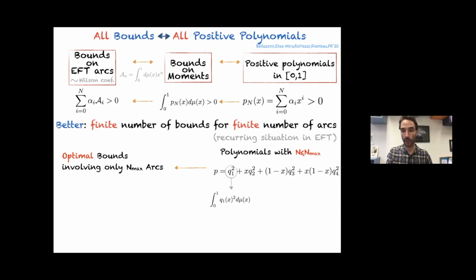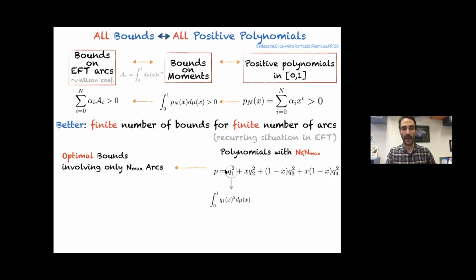Q1, Q2, Q3, and Q4 are generic polynomials, but I take the square of each. So the square of one polynomial plus x times the square of another polynomial plus 1 minus x times the square of another. This is the most general polynomial of fixed order, where Q1, Q2, Q3, and Q4 have some fixed order themselves. I will mention this later. You can find it in the paper. Anyway, let me see what happens now.